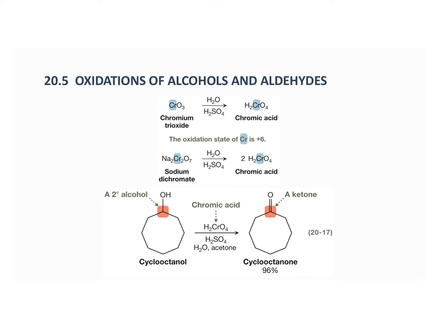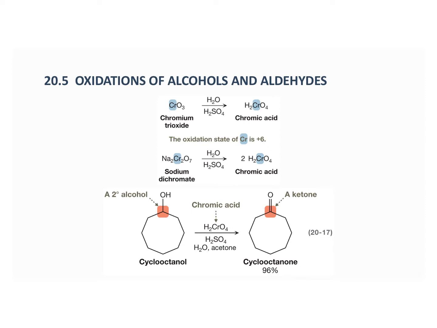We have two types of oxidizing agents in this section that we're going to talk about. One is chromic acid, which can be shown here being synthesized from chromium trioxide with sulfuric acid or sodium dichromate with sulfuric acid.